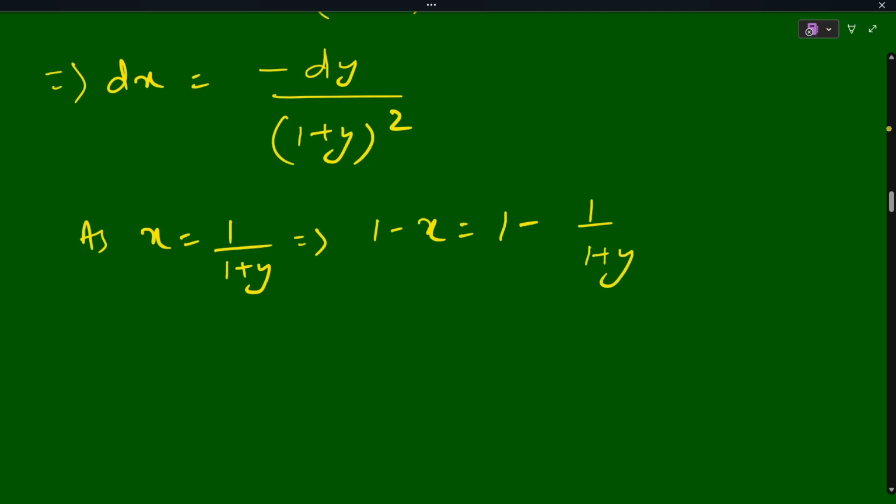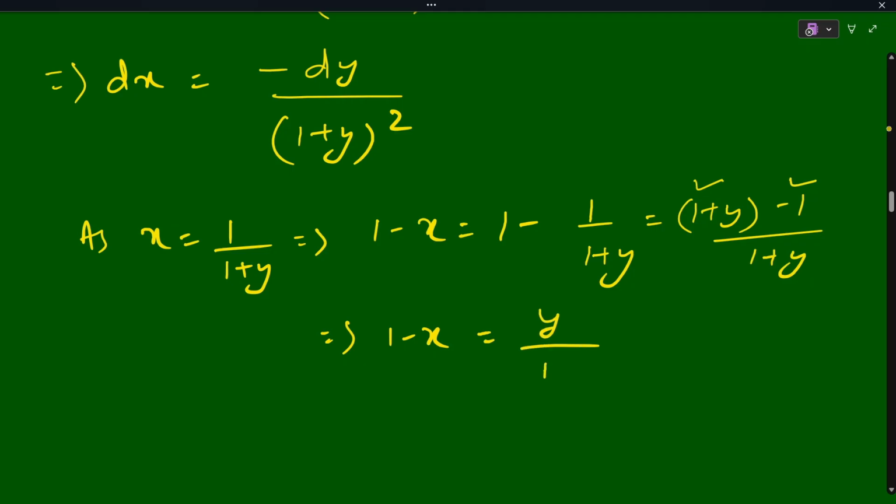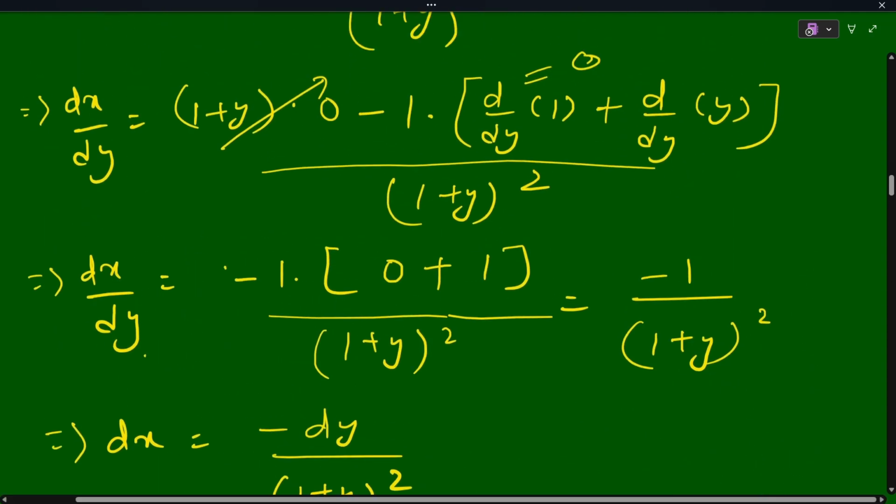Now rationalize this term: it would be (1+y-1)/(1+y). That means in this 1-x, the 1 and minus 1 will cancel out, and this value would be y/(1+y).